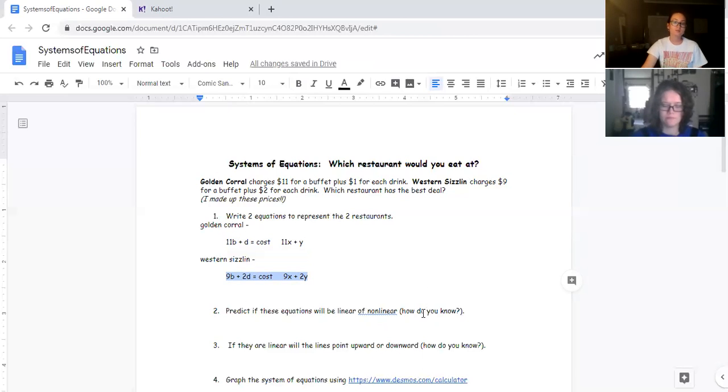Well, the thing about being linear is that your variable has to have an exponent of 1. It cannot have x squared or x cubed or x to the 4th power. It has to have a 1 there or nothing beside it. Since this x and this x do not have an exponent other than 1, they will end up being linear.